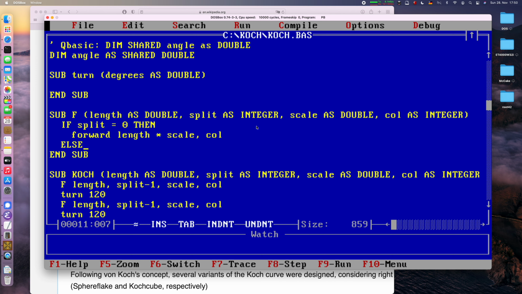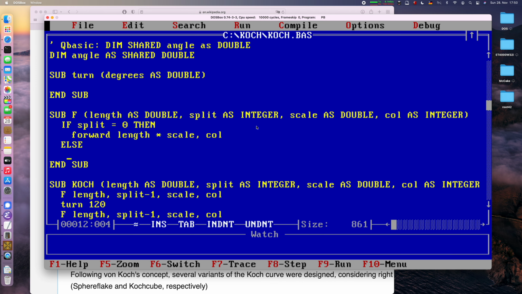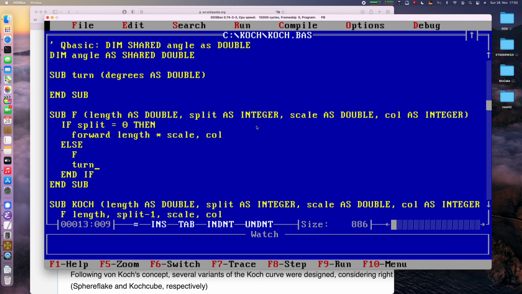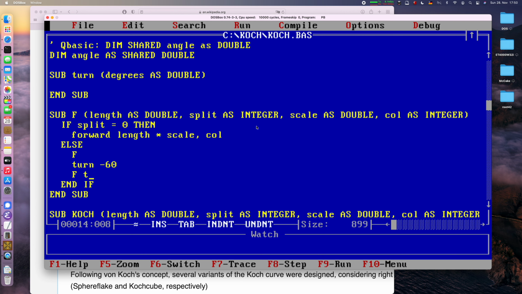And else we need to apply the recursive rule of the Koch system. And if we remember, that was something like doing f, then turning by minus 60 degrees, doing f again, turning by 120 degrees.